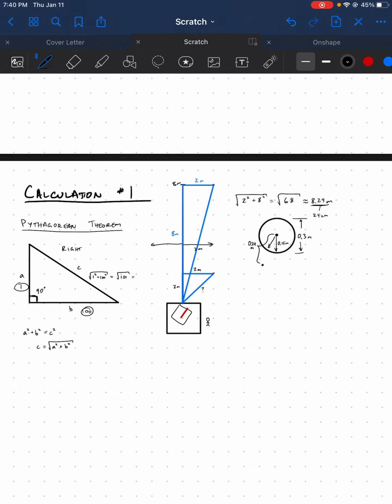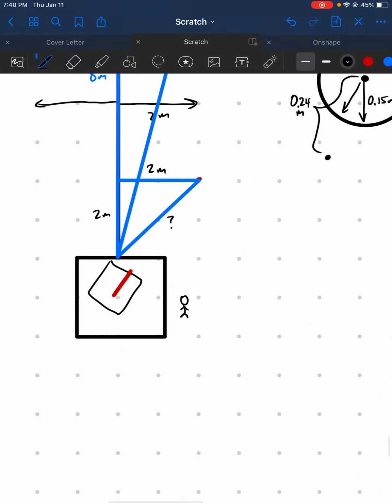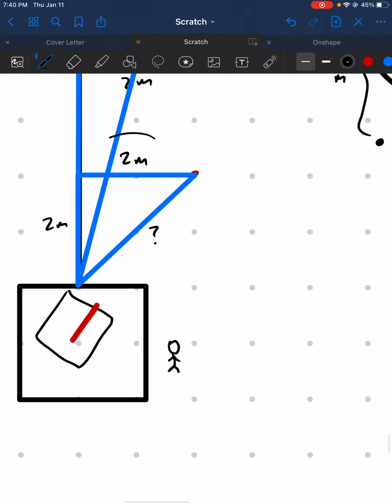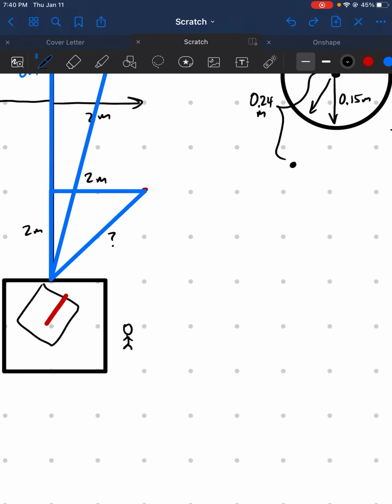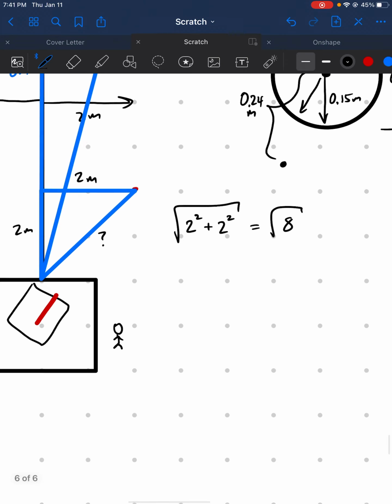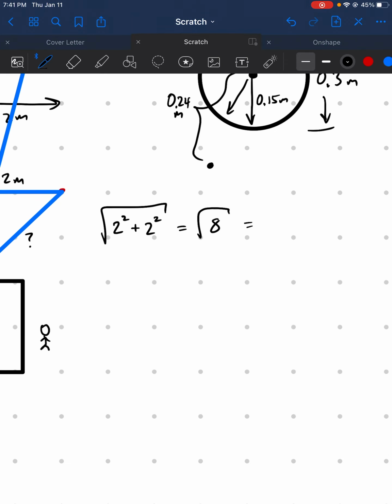Okay, that's maybe enough of a tangent for you. We can do this 2 and 2 meters as well, because this is a much bigger deal in the grand scheme of things, right? So again, it's just the square root of 2 squared plus 2 squared, which is the square root of 8, which is, I should know that one, but don't, 2.83.